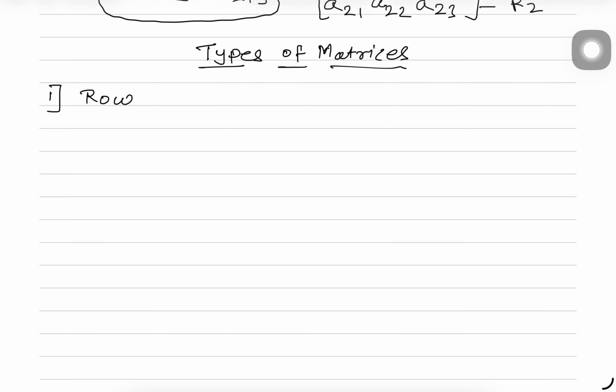I will give you the example directly and then the definition. A matrix which contains only one row is called a row matrix. For example, say 3.